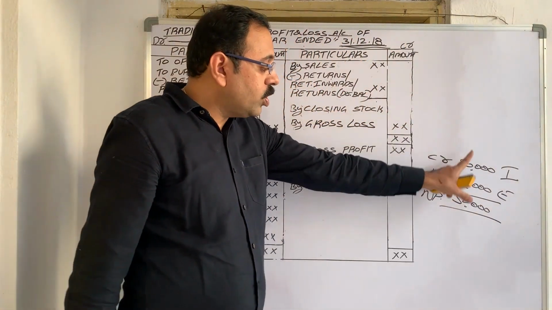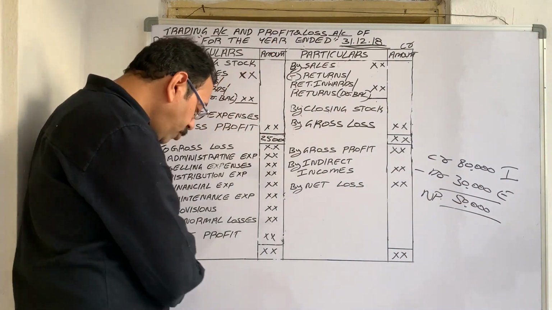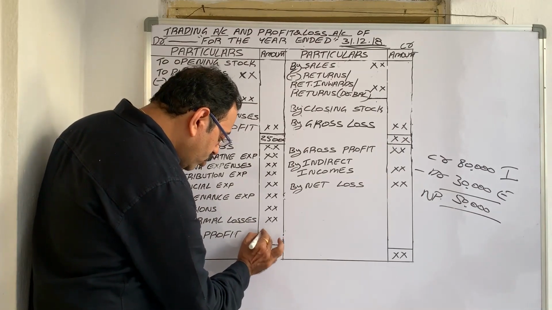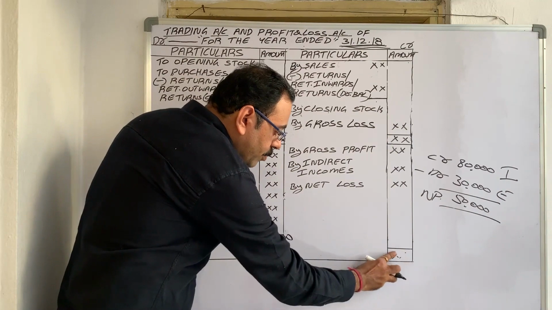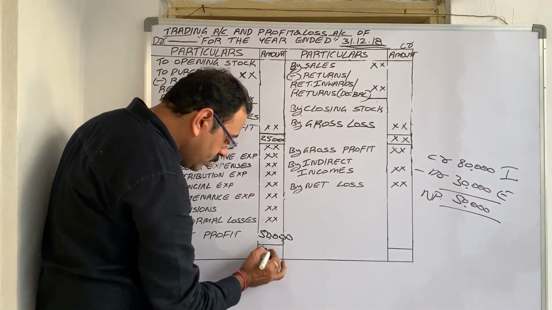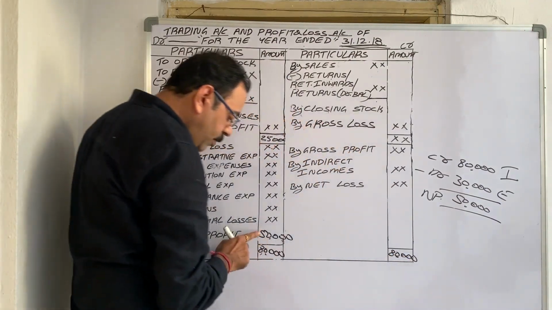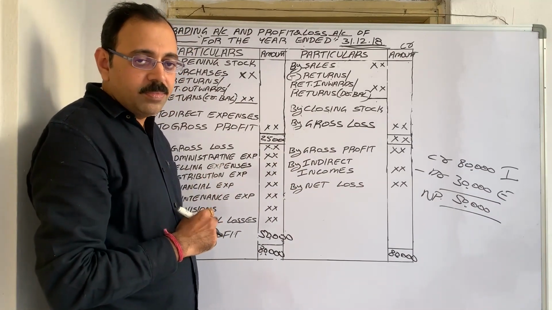When income is more than the expenditure, then the result is called net profit. Now that net profit on debit side we have to write 50,000 rupees, and two side total will be credit total 80,000, 80,000. This net profit we have to add to owner's capital in balance sheet.